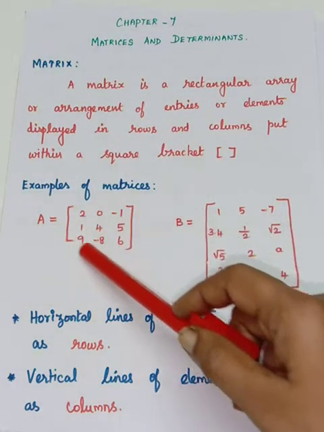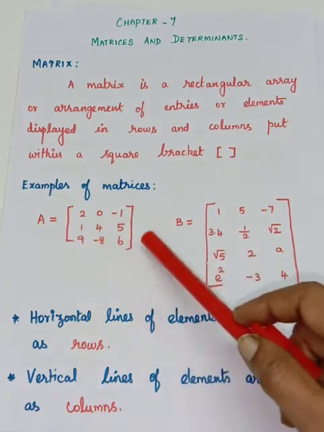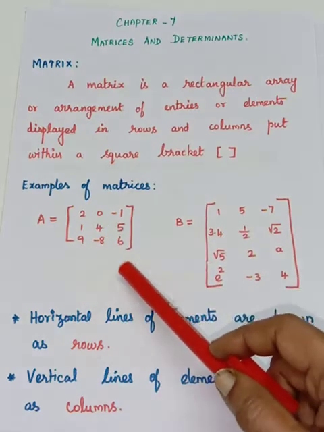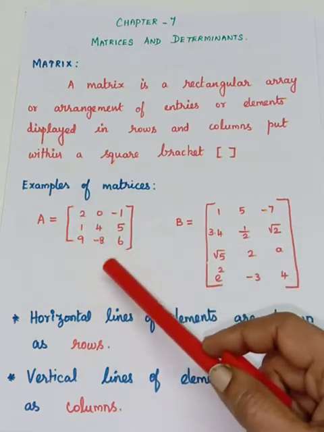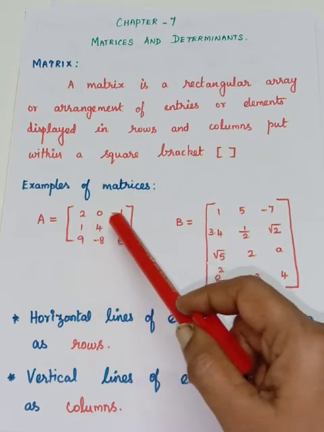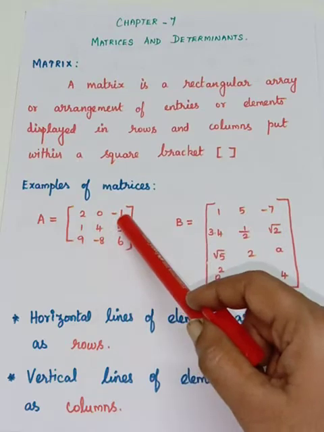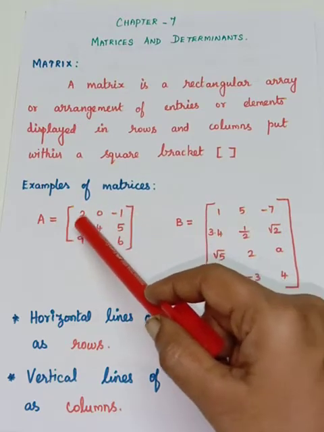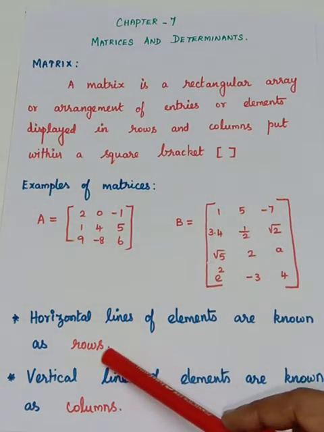Here the elements 2, 0, minus 1, 1, 4, 5, 9, minus 8, 6 are called entries or elements. Okay, 2, 0, minus 1. These elements are called a row. So, horizontal lines of elements are known as rows.